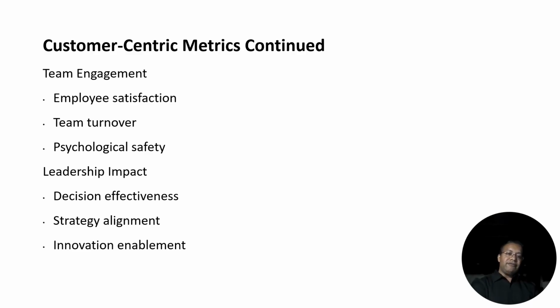Leadership impact, again a very important customer-centric metric, where decision effectiveness is valued in terms of product attributes, product features, and product satisfaction from the customer side, strategy alignment towards mission advancement, and innovation enablement in terms of supporting innovation in the workplace, provision of resources, as well as provision of training to build competencies and capabilities towards driving innovation.